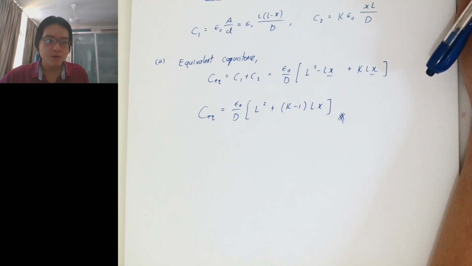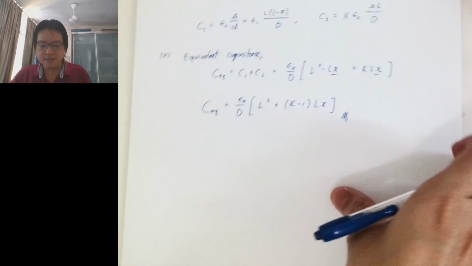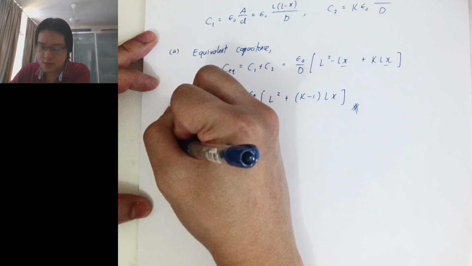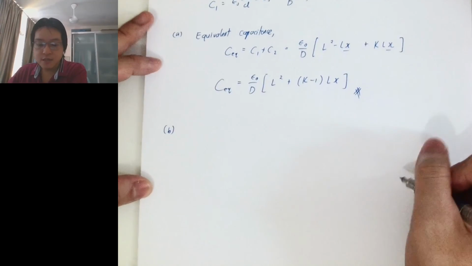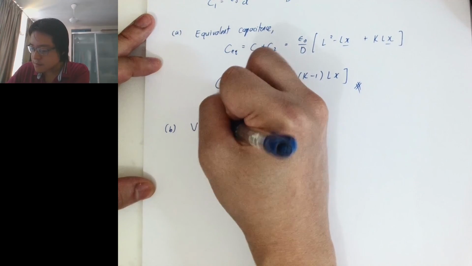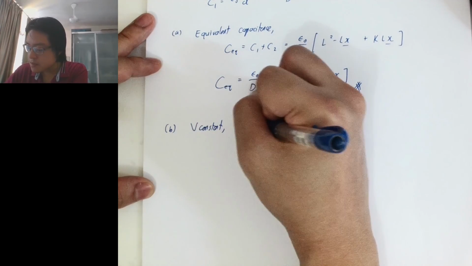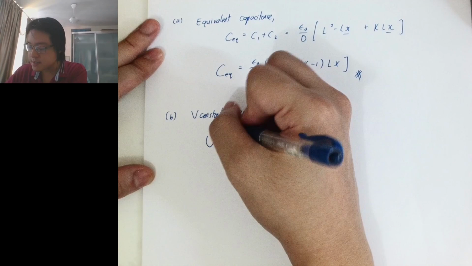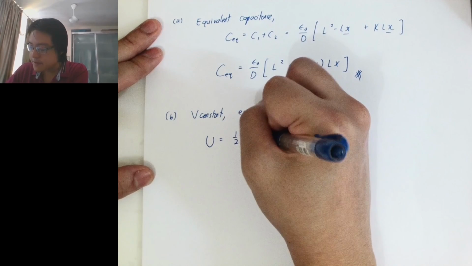What is happening here is I have V constant, and I want to see what happens to my energy. The energy is given by U equals half CV squared.